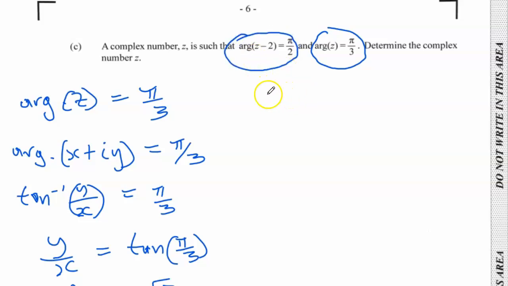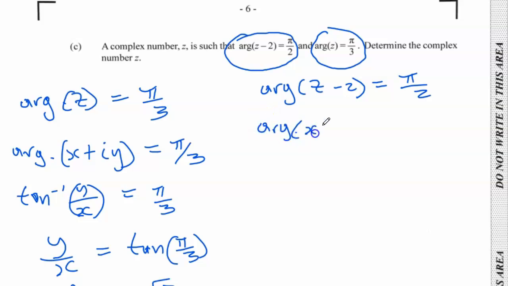The argument of z minus 2 is equal to pi over 2, or 90 degrees. And again, replace z with x plus iy. So it's the argument of x plus iy minus 2 is equal to pi over 2.